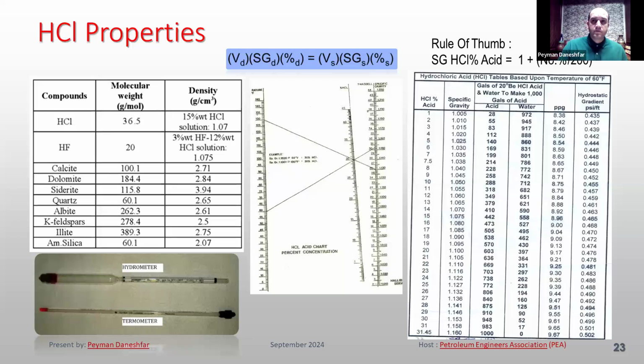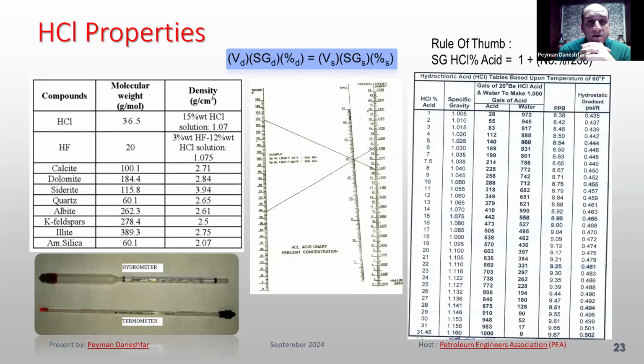Here, I just want to mention that when you want to find the specific gravity of the HCl acid in a field test, you can use two simple pieces of equipment: a hydrometer to find the specific gravity, and also a thermometer.